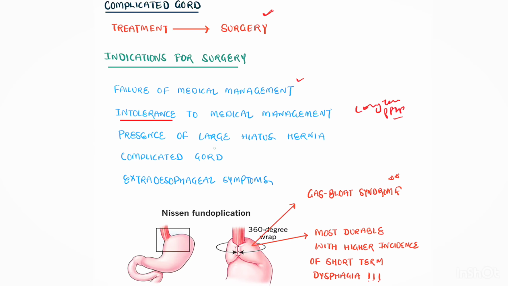And if there is presence of a large hiatus hernia, and if it is complicated GERD, and the patient has extra-esophageal symptoms like cough, laryngospasm, and dental caries, etc. So in these patients we go for fundoplication.